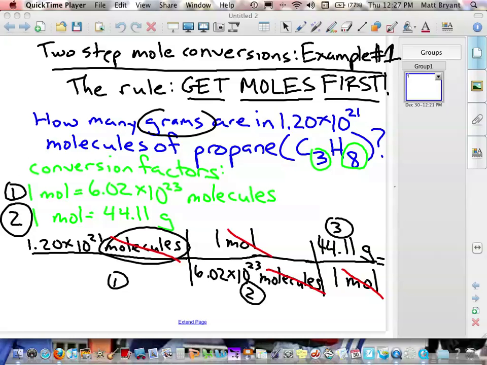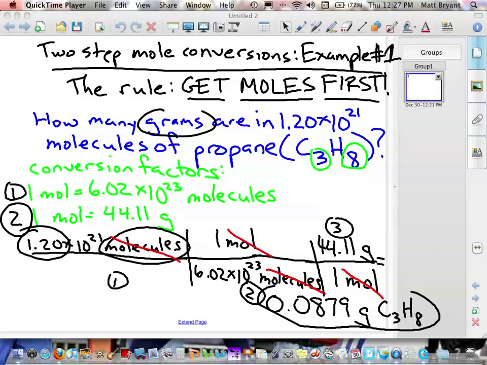Now, since we started out with 3 sig figs in our initial measurement, we have to have 3 sig figs in our answer, and our final answer is going to look like 0.0879 grams of propane.